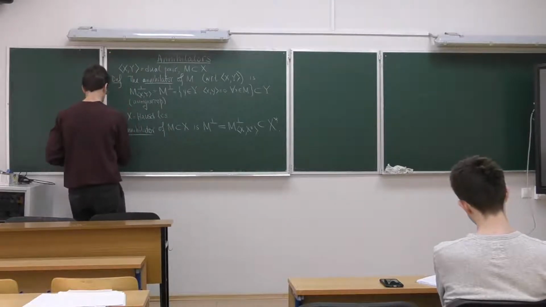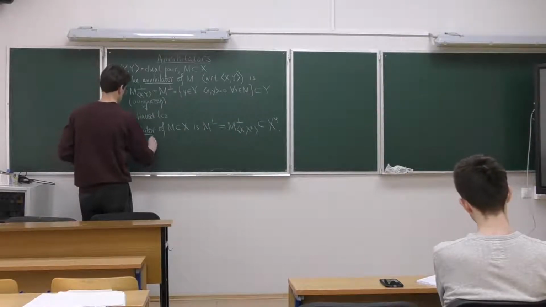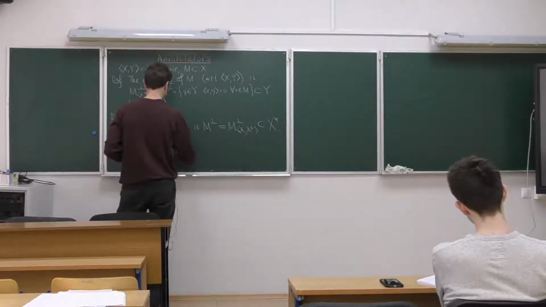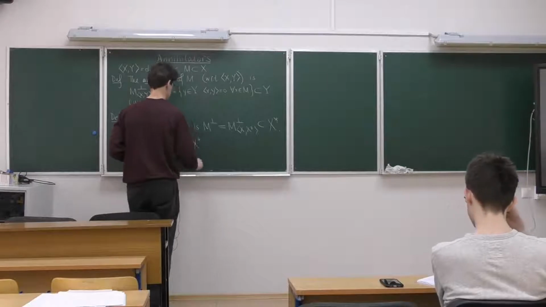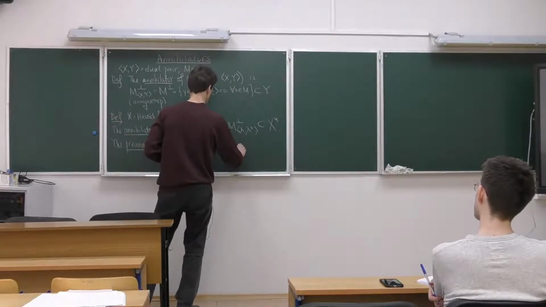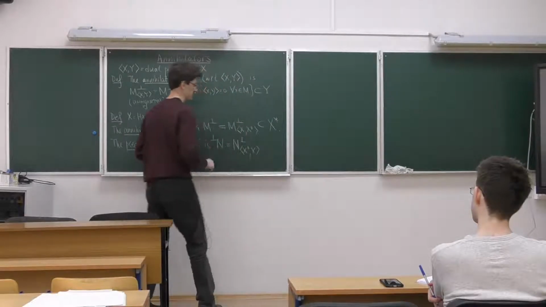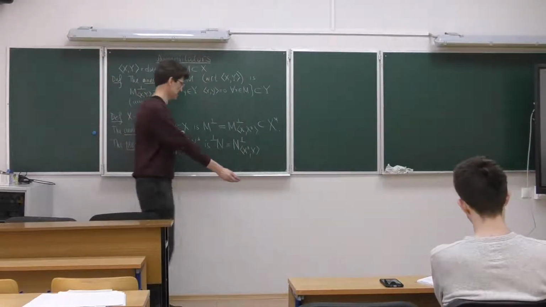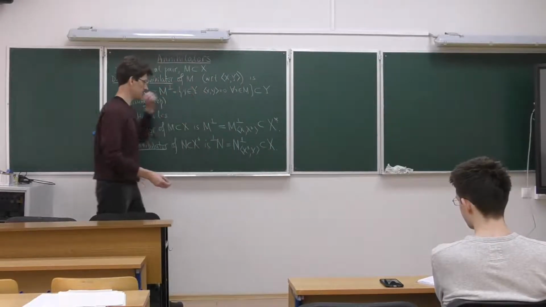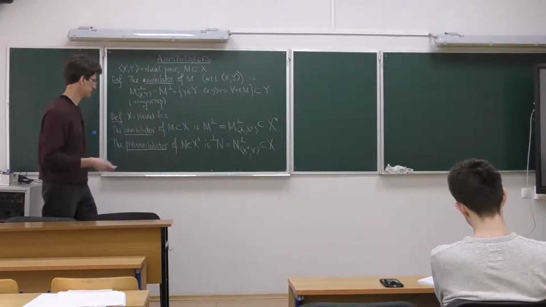And dually we define the pre-annihilator of a subset M in X star to be the annihilator of M with respect to the dual pair X star, X. So this is a subset in X which consists of those elements in X such that each linear functional in M vanishes at this element.